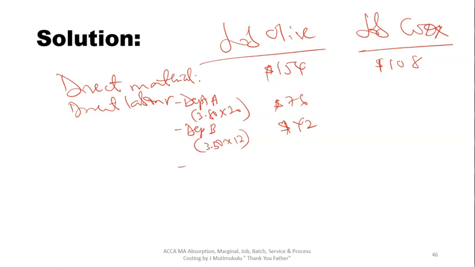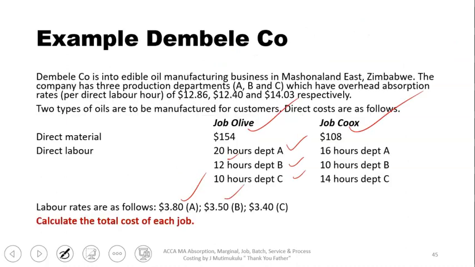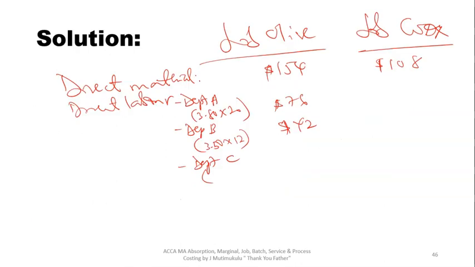We then go to department C. They are paid $3.40, and they worked 10 hours. So that's $3.40 by 10, and this gives us $34.